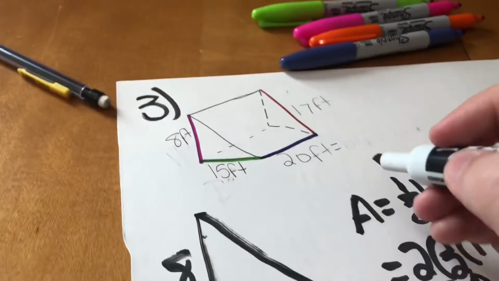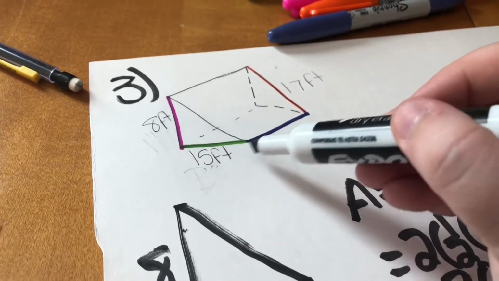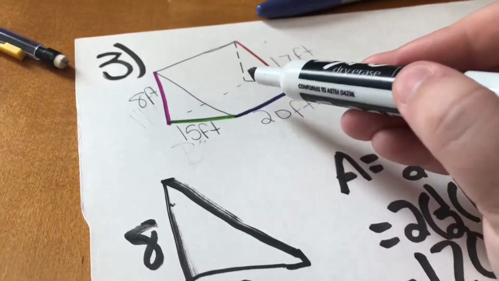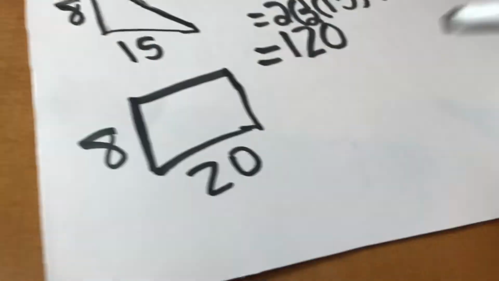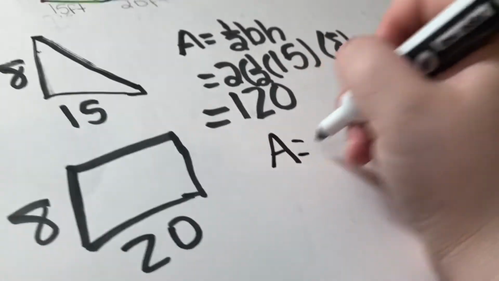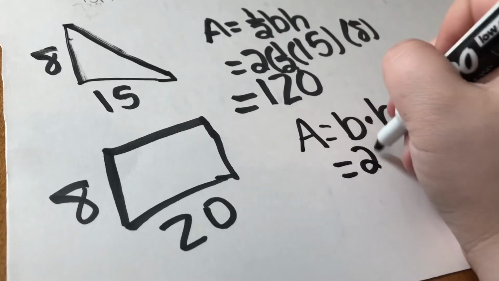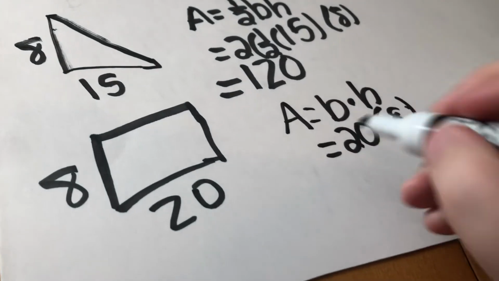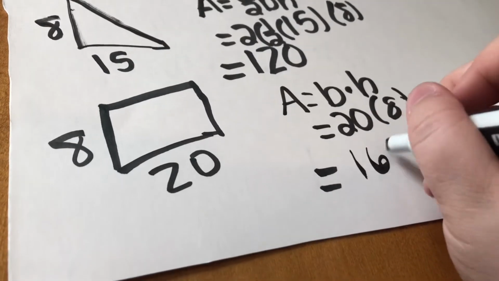Because if you look at this bottom one, this side is 20, making this side also 20 because it is a rectangle. So that means that this side right here has to be 20. So you have to use area is equal to base times height, or 20 times 8, which should give us 160.